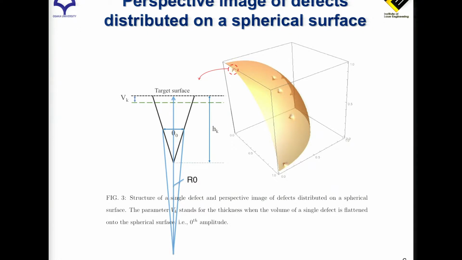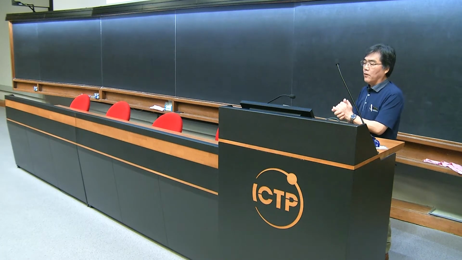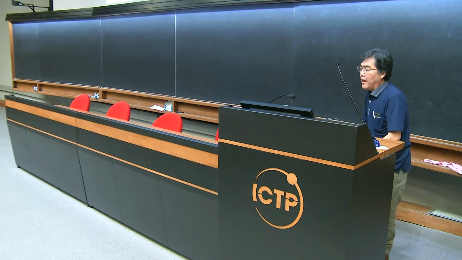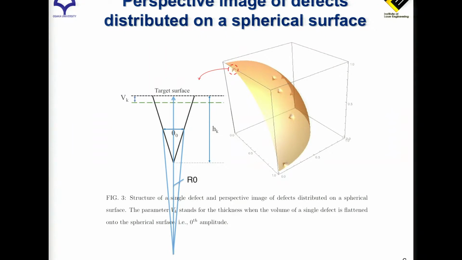This is the target we suppose. There are many dips. And this dip is supposed to have the shape of a cone with a full angle of theta 0, which is measured from the center of the target.